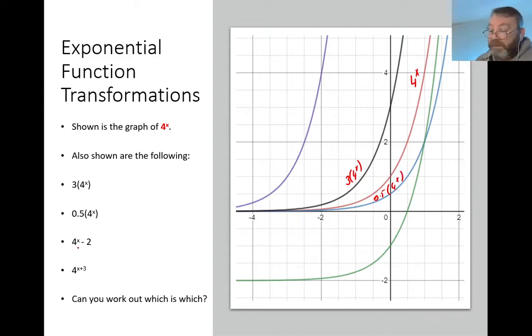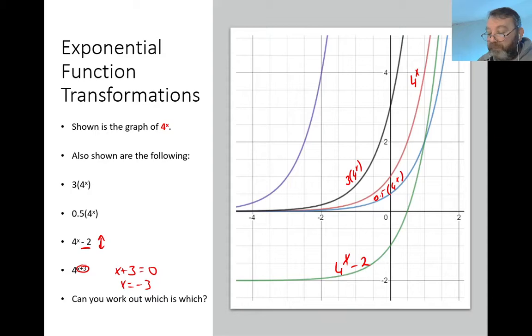The next one is 4 to the x minus a constant, and the constant always gives us vertical shift. So that means that the original 4 to the x, which is the red one, is dropped down 2 spaces. So this one here must be 4 to the x minus 2. And finally, if we take the x plus 3, set it equal to 0, as we always do every time there's a number involved with x in functions, we set it equal to 0 and we solve it.